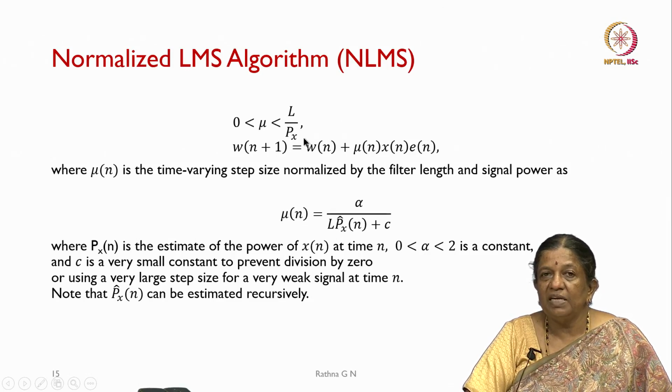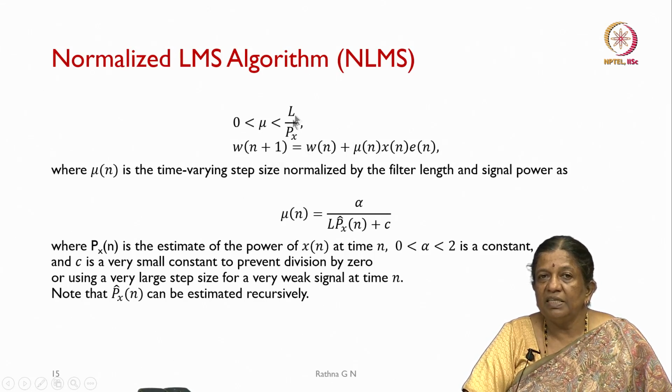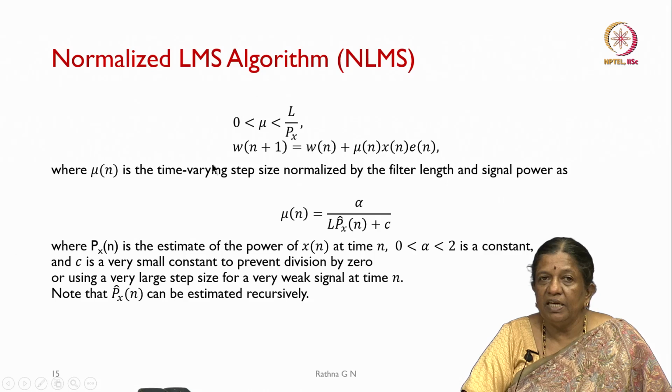So, you will be seeing that it will take more time than the LMS algorithm. Then your update function for w of n plus 1 is given by selecting this mu with our x of n and then e of n.